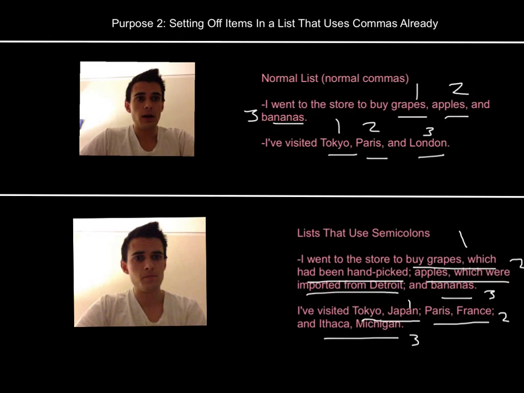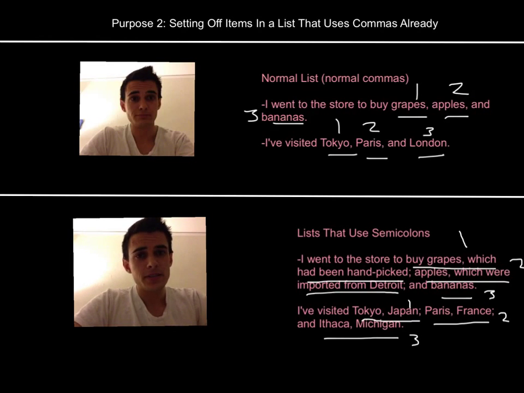Semicolons are used when the items in the list have commas already within them. In these lists to the right, we use semicolons to split up the items in the list. They're pretty much the same sentences, except each item in the list has its own thing going on that requires a comma.